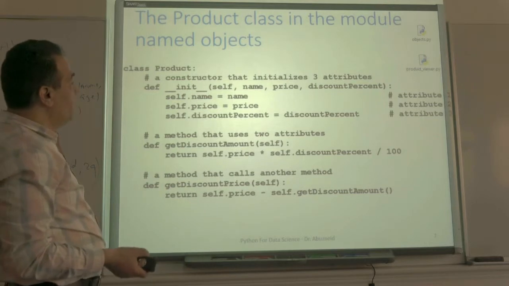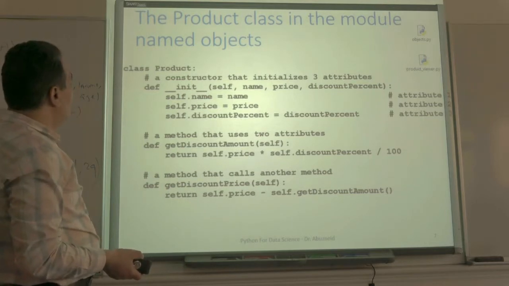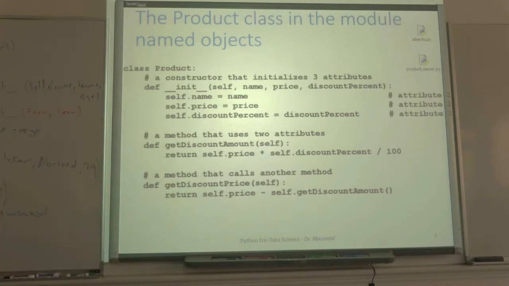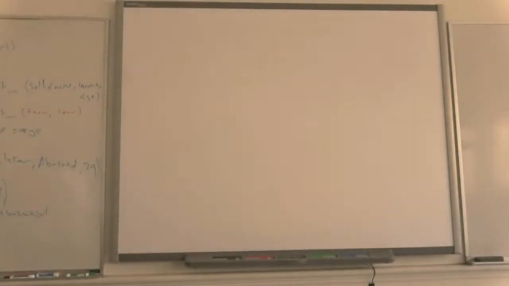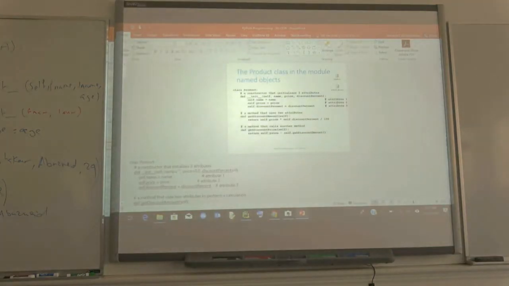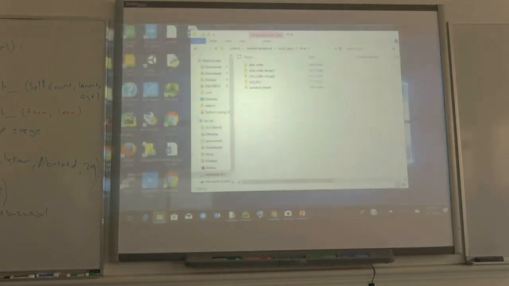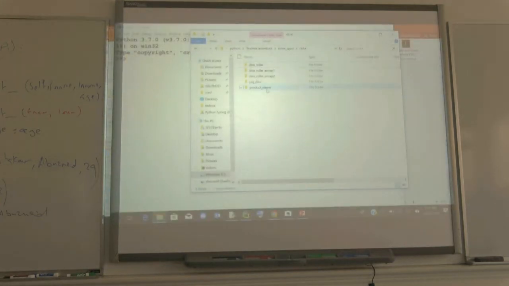So if I need to create a product, what I could do is go in here, for example, product viewer. As you see in here, there are two files.